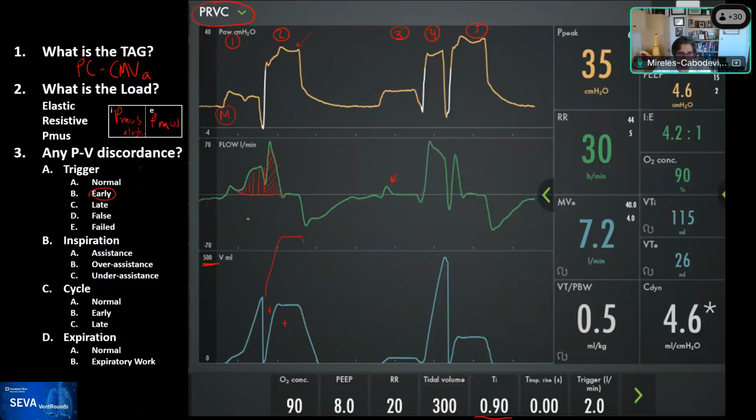All righty. So now we're going to go to the next breath, and so we have this breath. Breath number 3, 4, and 5. What's the trigger? Is it normal, early, late, false, or failed?